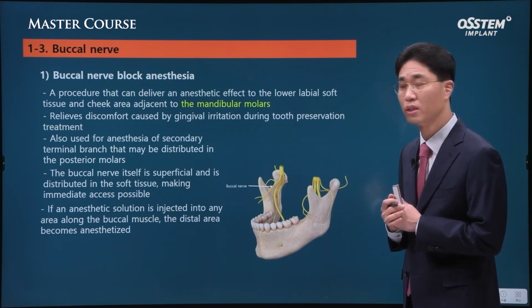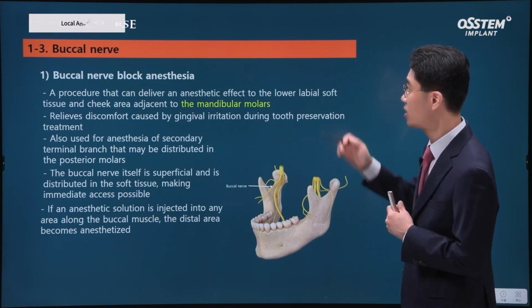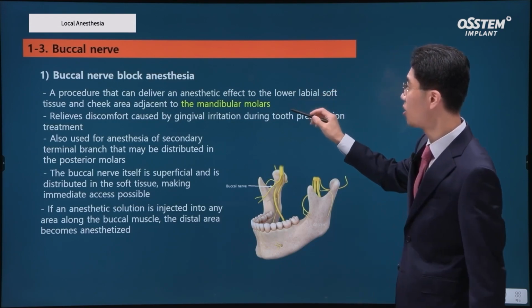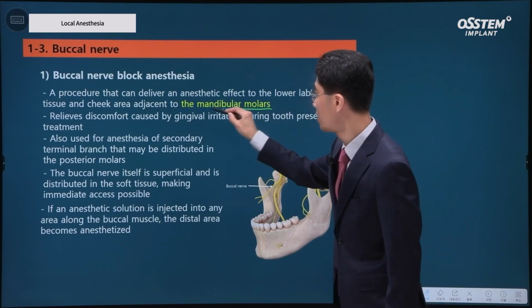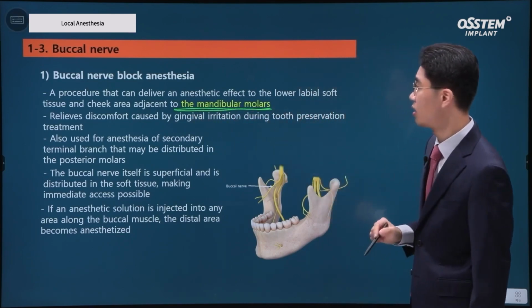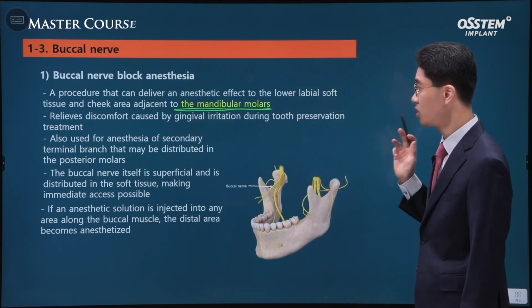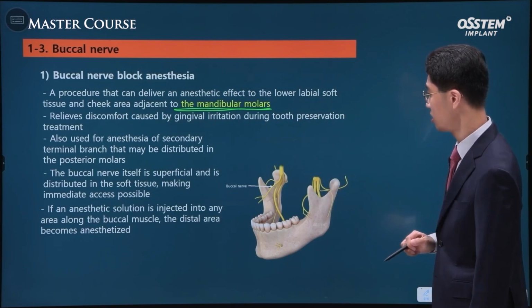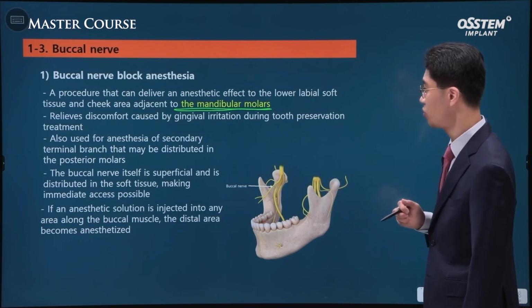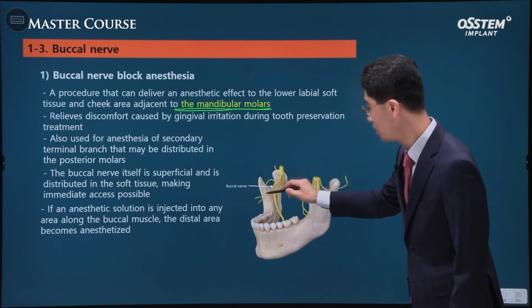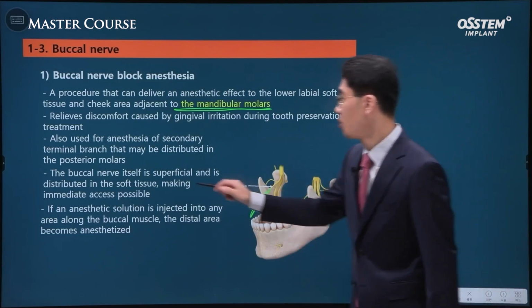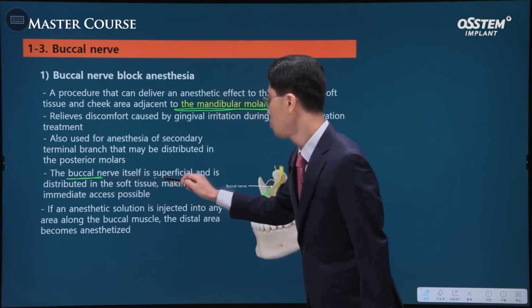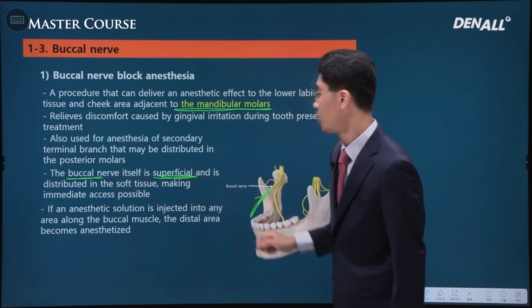Therefore, additional block anesthesia needs to be performed on the buccal nerve. For the most distal teeth in the lower jaw, buccal nerve block anesthesia needs to be performed. The buccal nerve itself is superficial. Therefore, immediate access is possible.